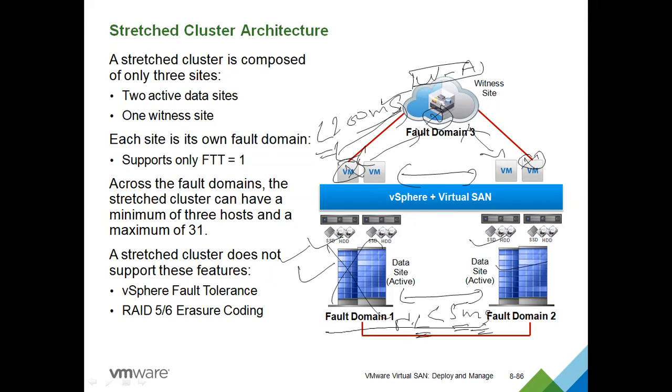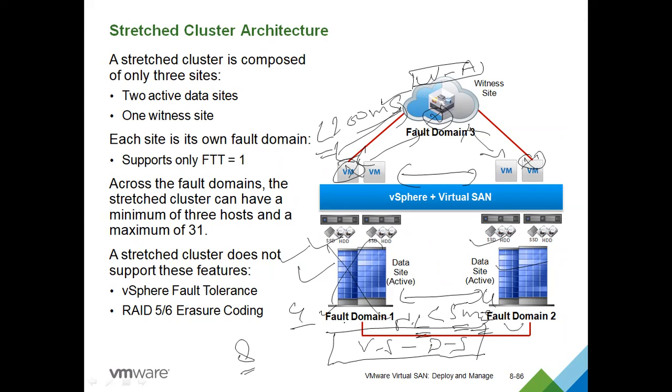Underneath, you have a single cluster and a single VSAN datastore. But for example, there are 8 nodes I am using, 4 nodes I am hosting at site 1, 4 nodes at site 2, correct? Probably you are seeing fault domain 1, fault domain 2 here.